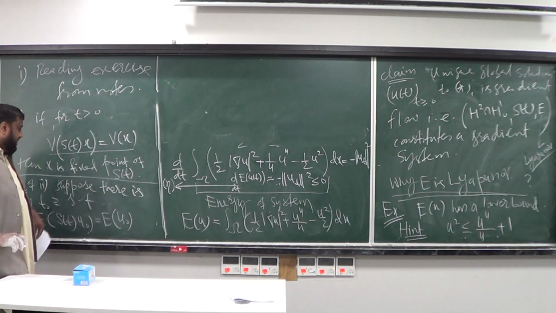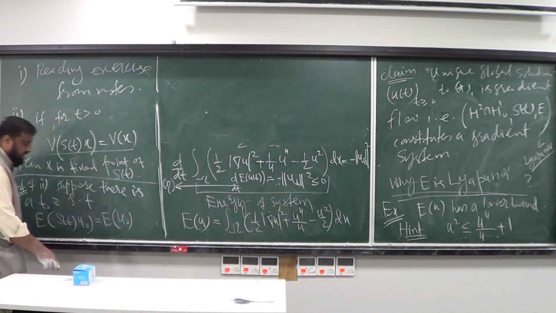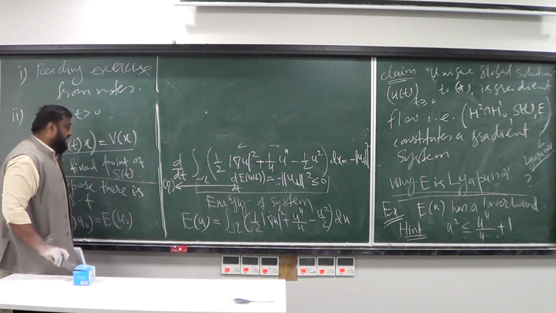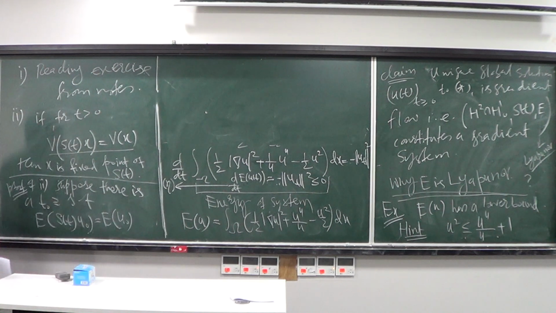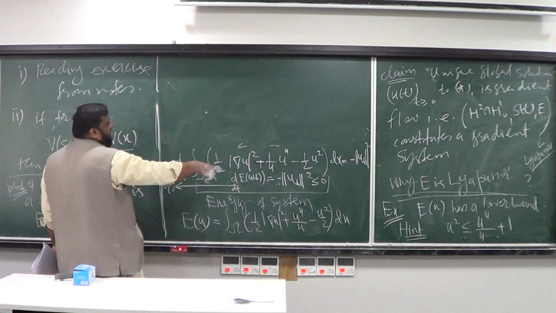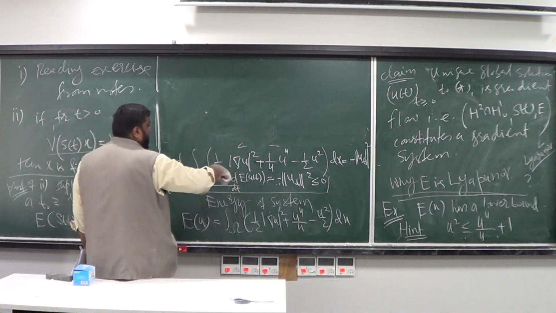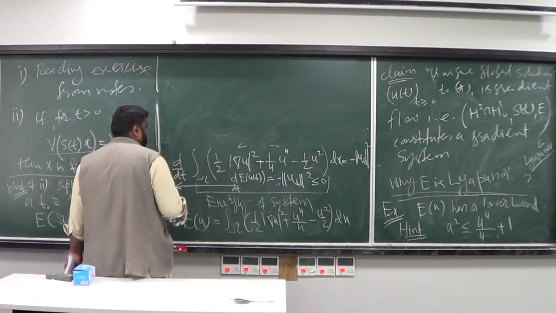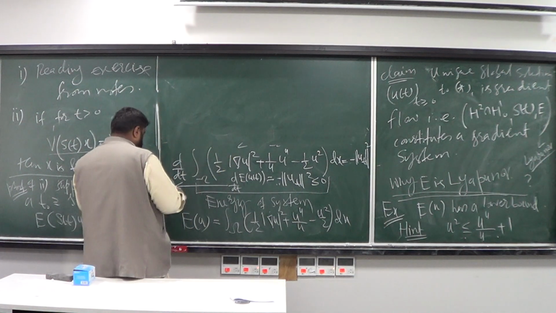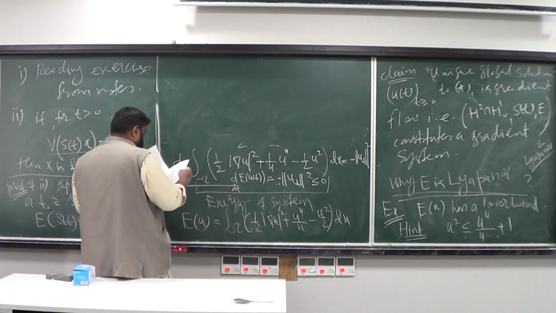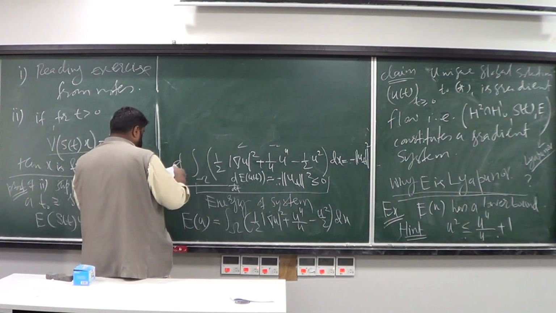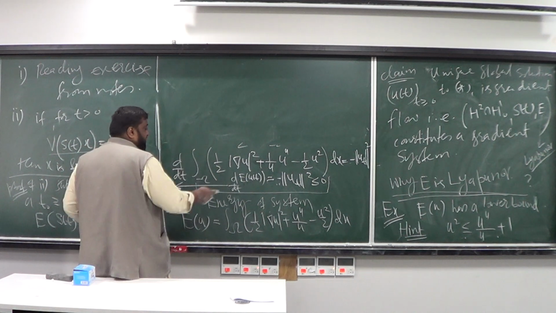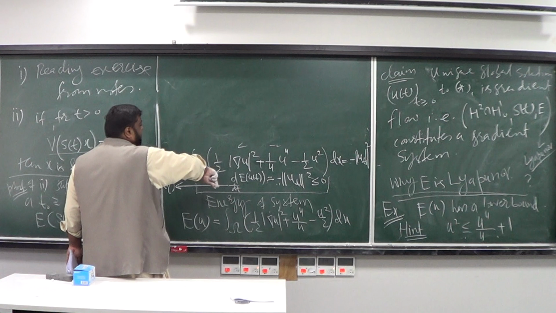So you have this assumption, and you want to show that u naught is a fixed point of the semigroup. Integrate the eta from 0 to t.